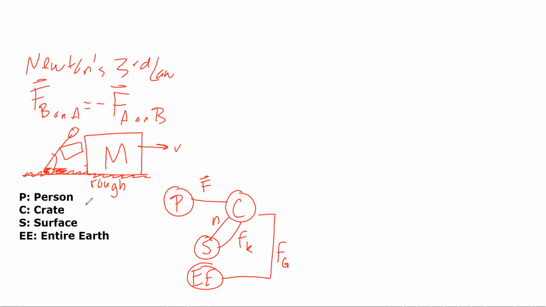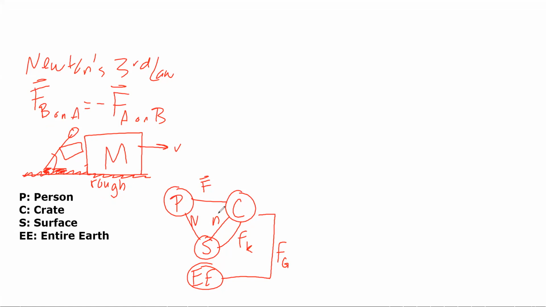The person also has two forces with the surface. It has a normal force, and you might want to capitalize that to distinguish it from the other normal force, because in this chapter there are a lot of different objects, and each one of them tends to have a different normal force.